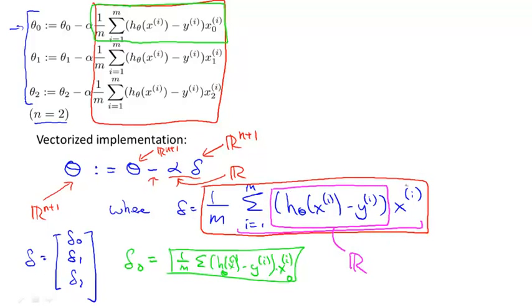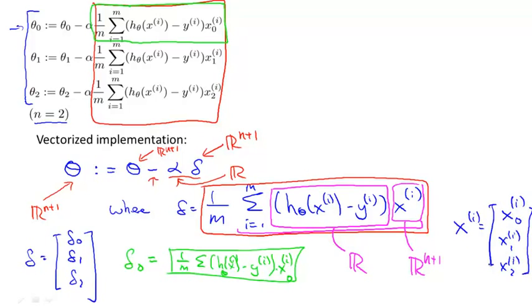And the second term over here, xi, is a vector, right? Because xi may be a vector, say xi0, xi1, xi2.